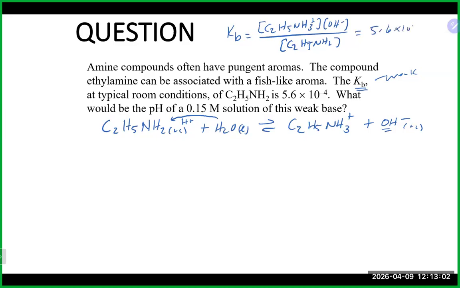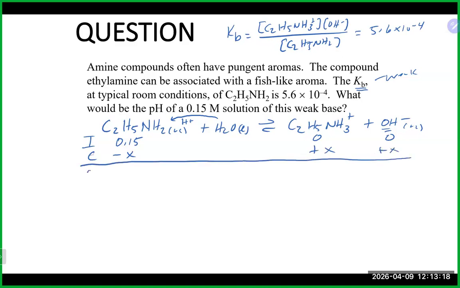So doing our ice table here, we're going to go 0.15. We know we need to do an ice table because it is weak. So minus x, plus x, plus x. Also, like normal, we ignore water since it's not involved, so don't put any numbers there. So we end up with something that looks like this.